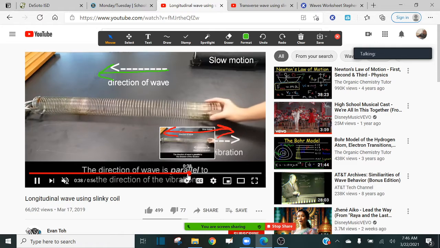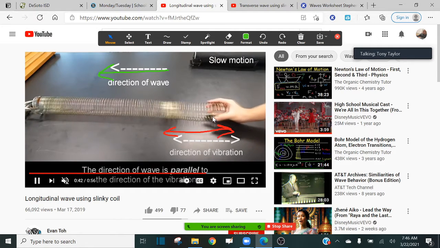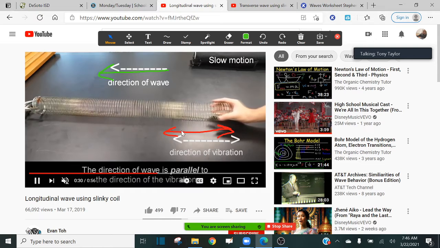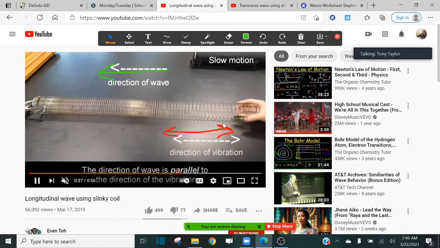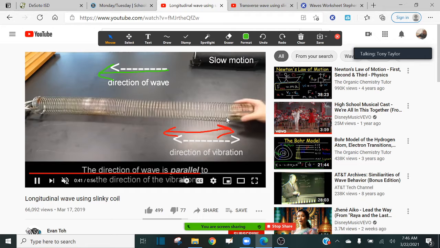Okay. So his hand is vibrating. Notice how his hand is vibrating. It's like he's pushing and pulling it, pushing and pulling it. So his hand is vibrating in the X direction, and the pulses of energy are also traveling in the X direction. Okay, so that's why we say the direction of the vibration is parallel to the direction of propagation of the pulses.